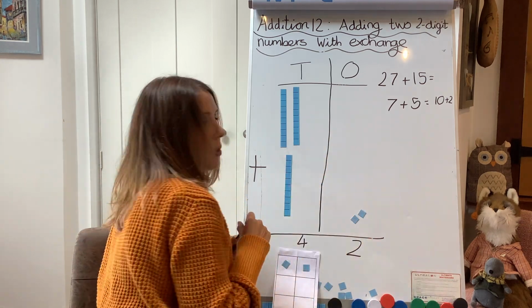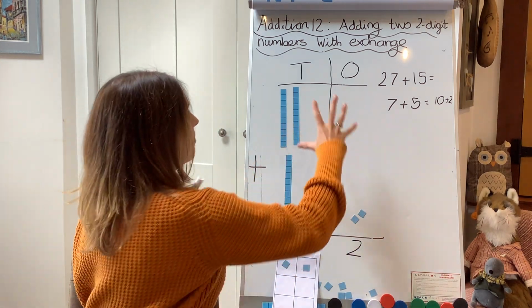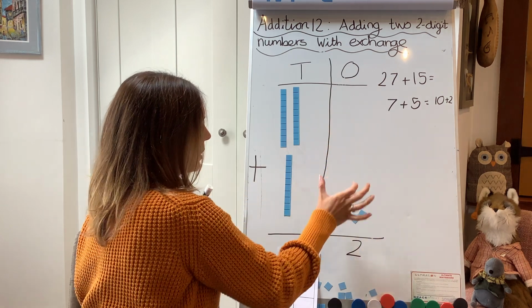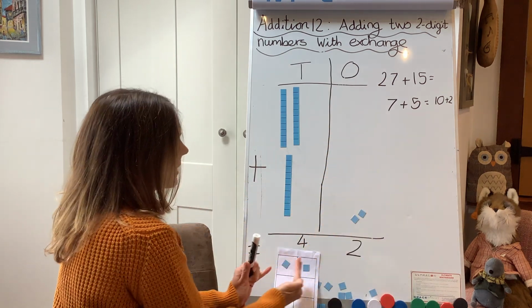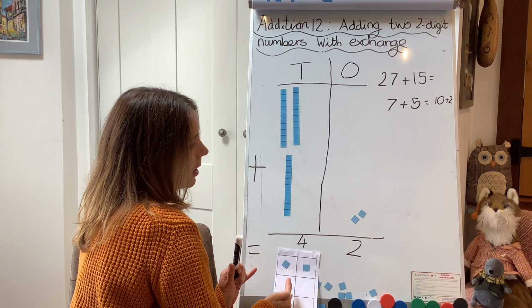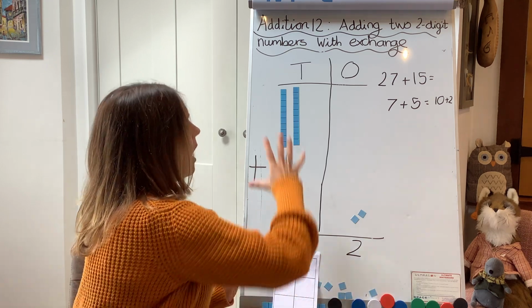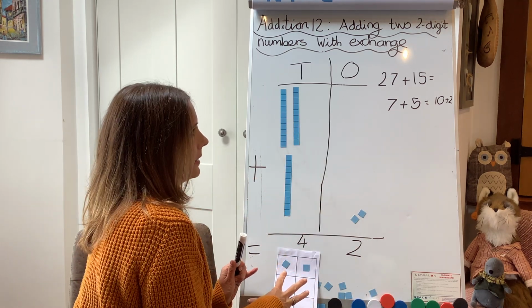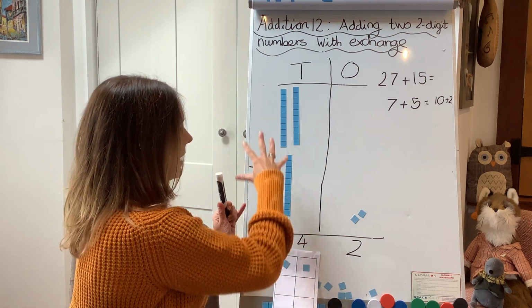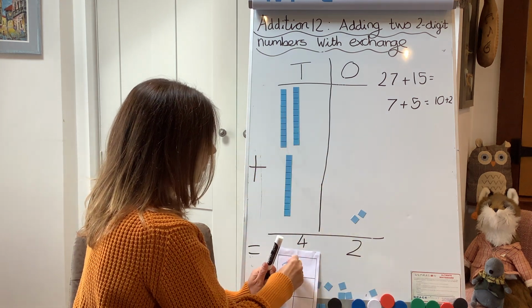So you can get children to move their tens frame, put them in and move it into the tens column below where you're writing down your calculation, and remember to add that in at the end, okay? And then you can add your tens together.